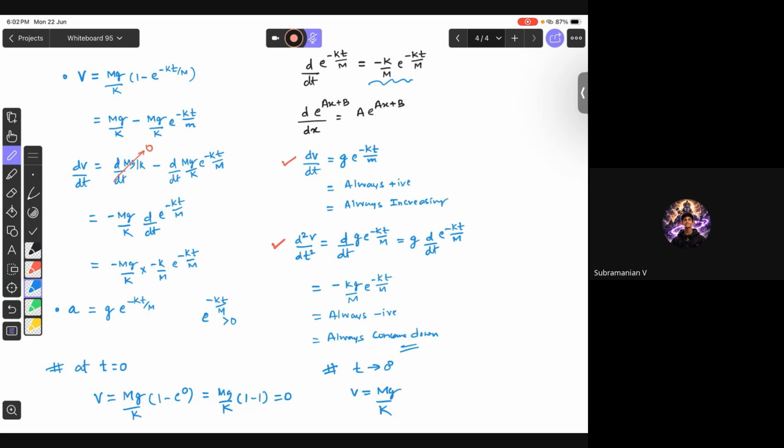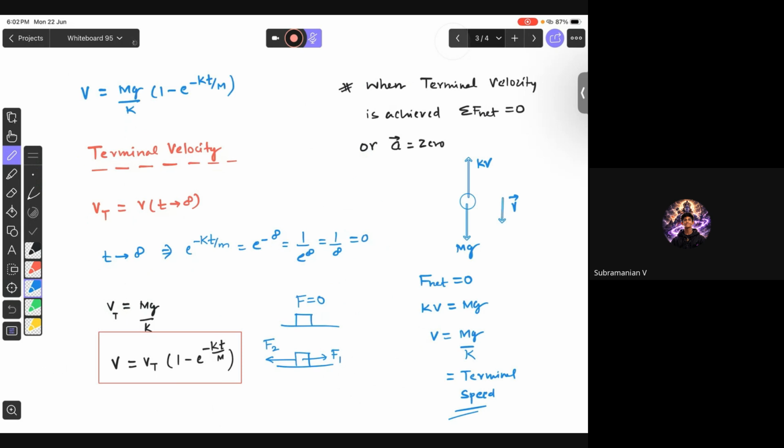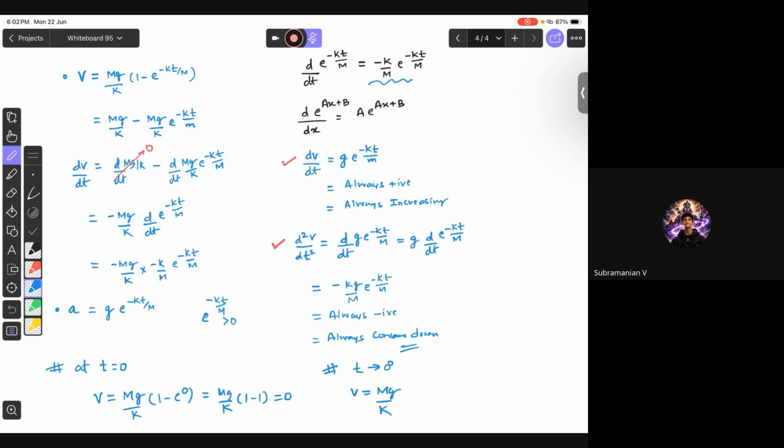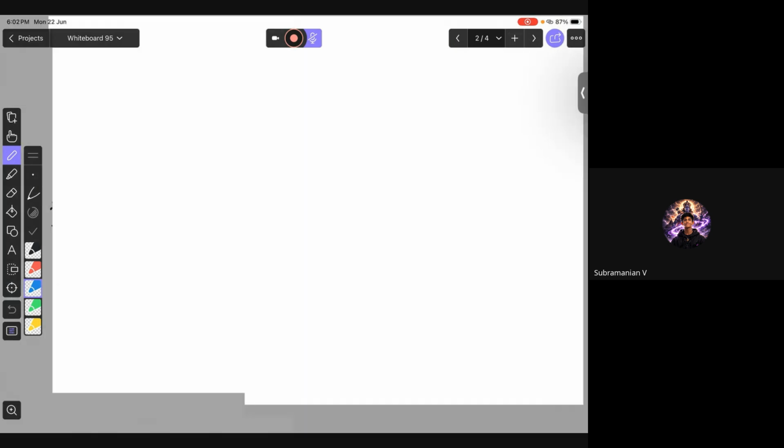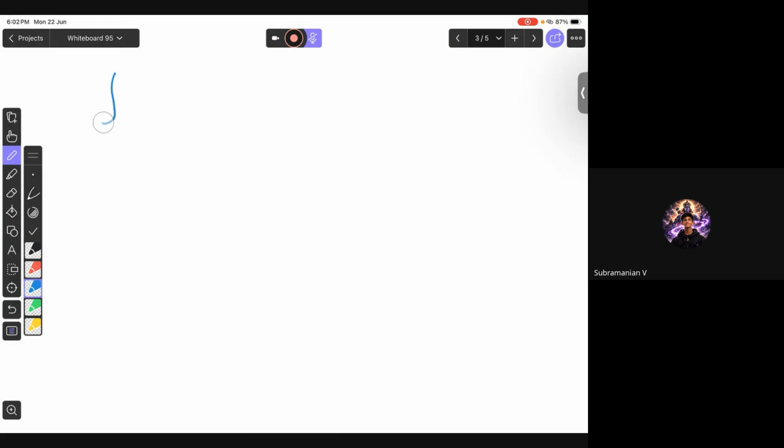How we are getting that is something you want me to tell, which we have done in the class. Okay, if you want, I can do that. No problem. So we have dv by g minus k by m into v equals dt.